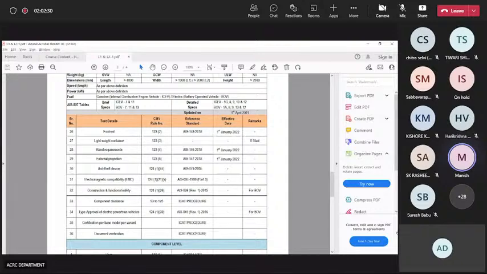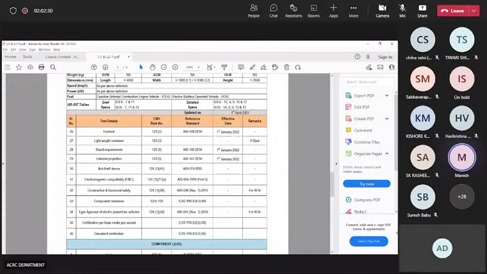There is a standard for that also, 147, that defines how much external projection has to be there, how much coverage has to be there. It should not be a very large projection, so that any bystander or anybody on site will not be hit by that crash guard or anything like that. So that comes under the external projection.